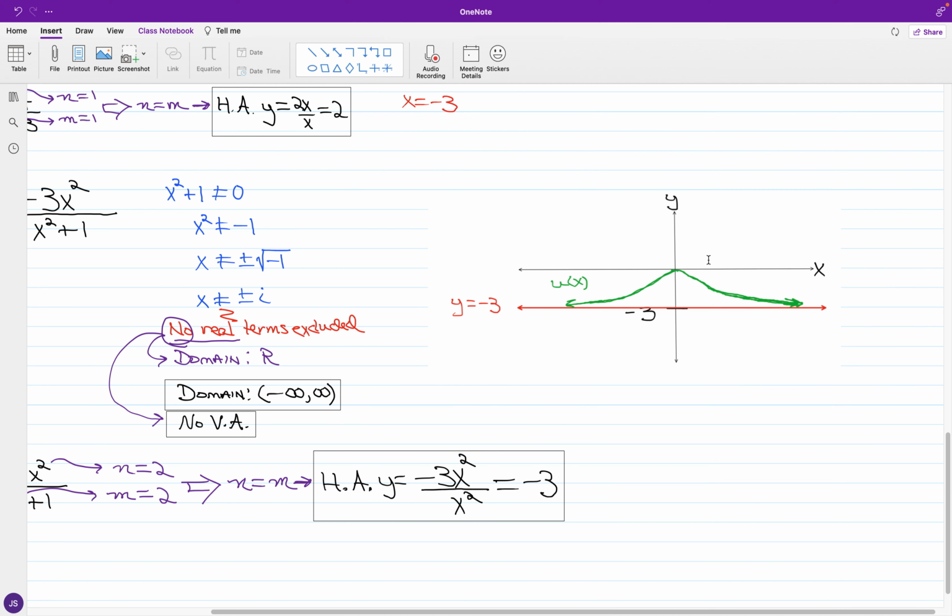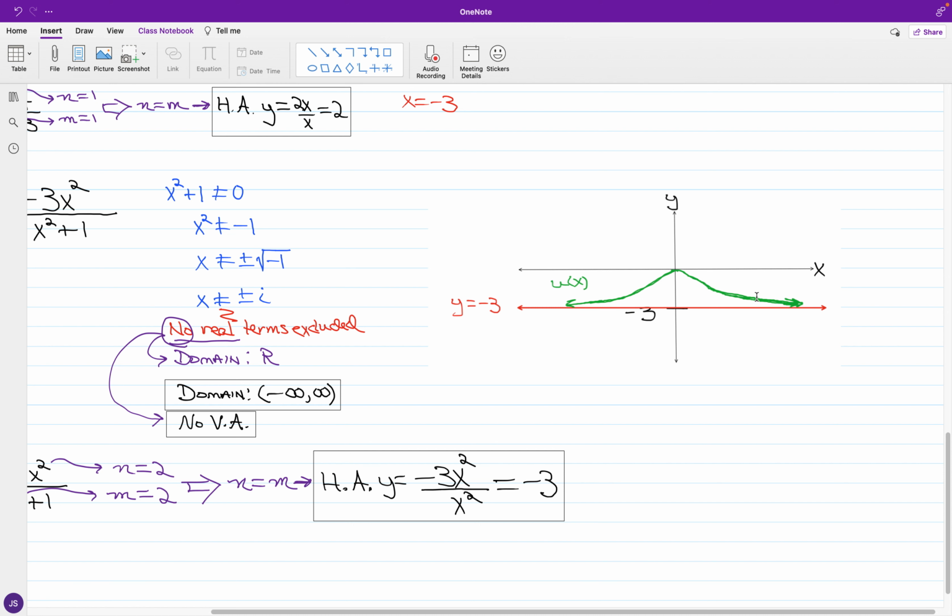Again, for this graph of u of x, if you were to graph it, except for the origin, the entire rest of the graph is going to be situated below the x-axis, and at the far ends you're going to have it running tangent to the horizontal asymptote, which we have at y is equal to -3.